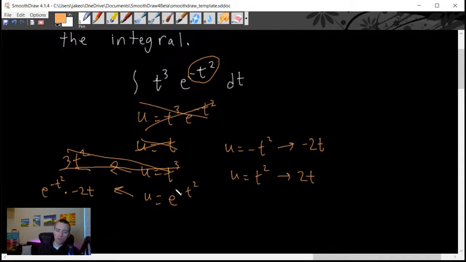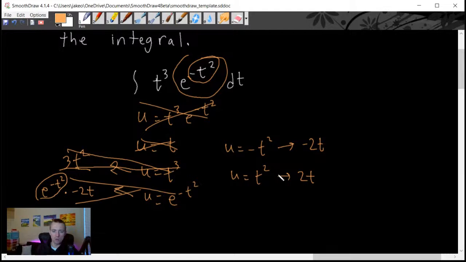Here, right off the bat, we can see if we made our u this whole term right here, we would introduce another e to the negative t squared, which is going to get in the way somewhere else. So again, that's probably not going to work very well, which really just leaves us with these two options. Between these two options, it seems like they're not the greatest choices.